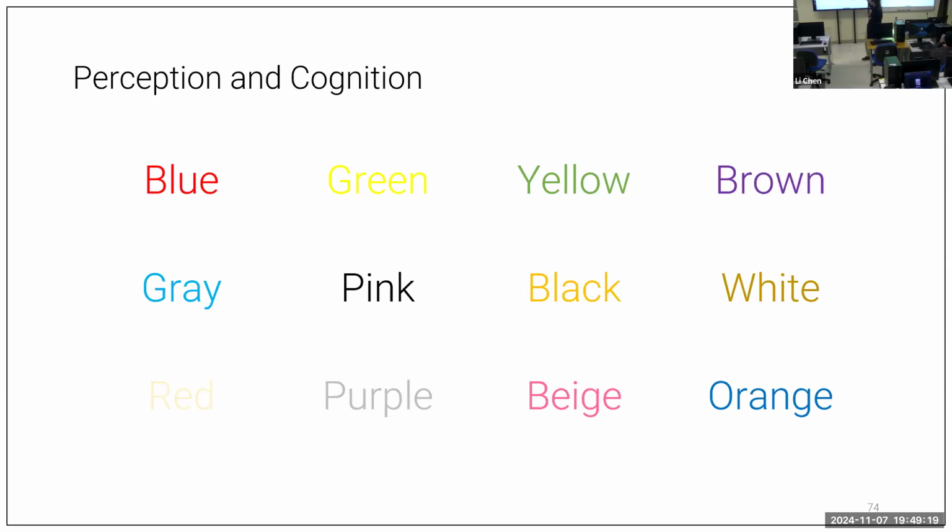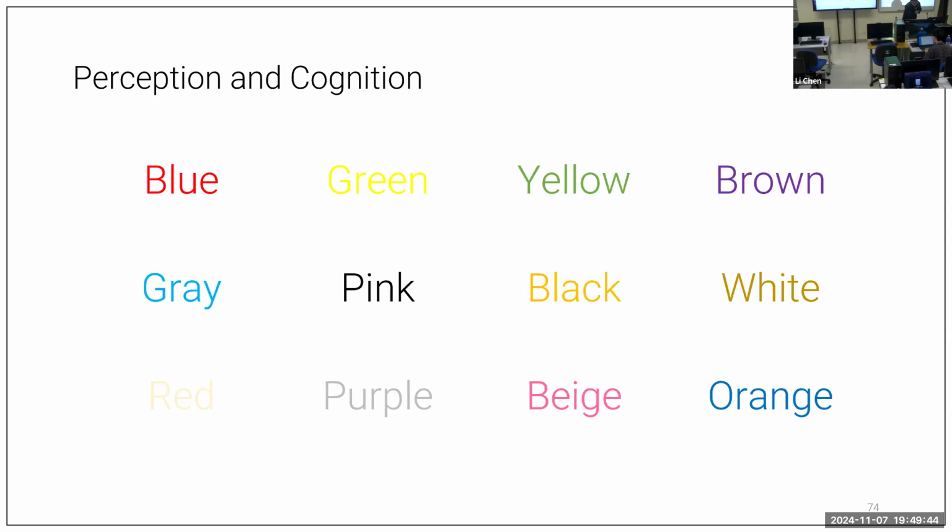So you know this word, it means blue. So your brain is always fighting with the sensory stimulations. Your sensory stimulations tell you that it is red, but on the other hand, the language capability of your brain is telling you that it should be blue. So that's why this is very difficult, and sometimes people make mistakes. Okay, so this is about perception and cognition.